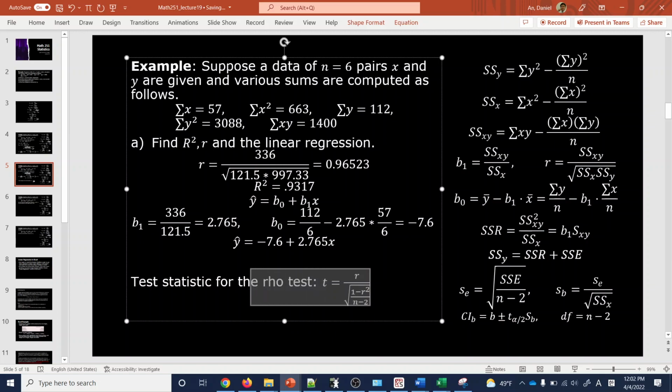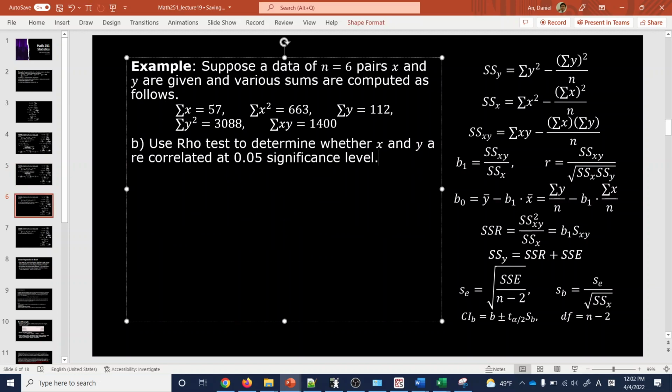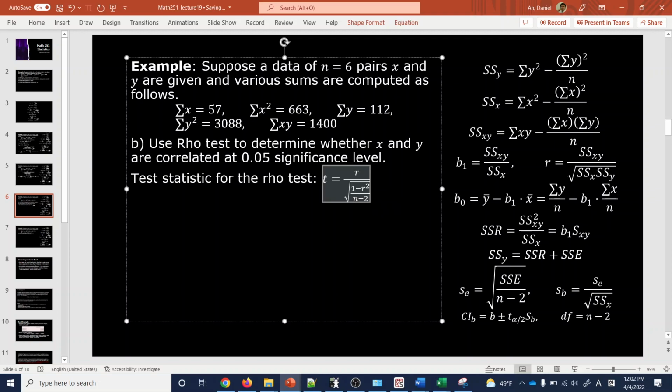Let me copy this, and this belongs to the next slide. So let me cut this now. Let's put it right here. Okay, so we need to compute the test statistic, and then use that to find out the significance of this, all right? So let's try this.